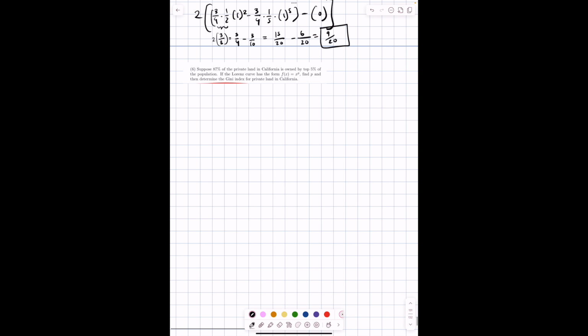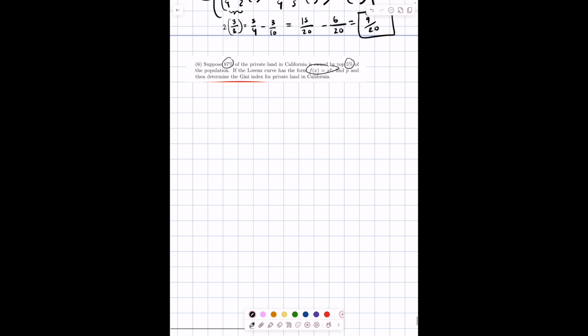And finally, let's do number 6. Suppose 87% of private land in California is owned by the top 5% of the population. If the Lorenz curve has the form x to the power of p, find p, then determine the Gini index for private land in California.